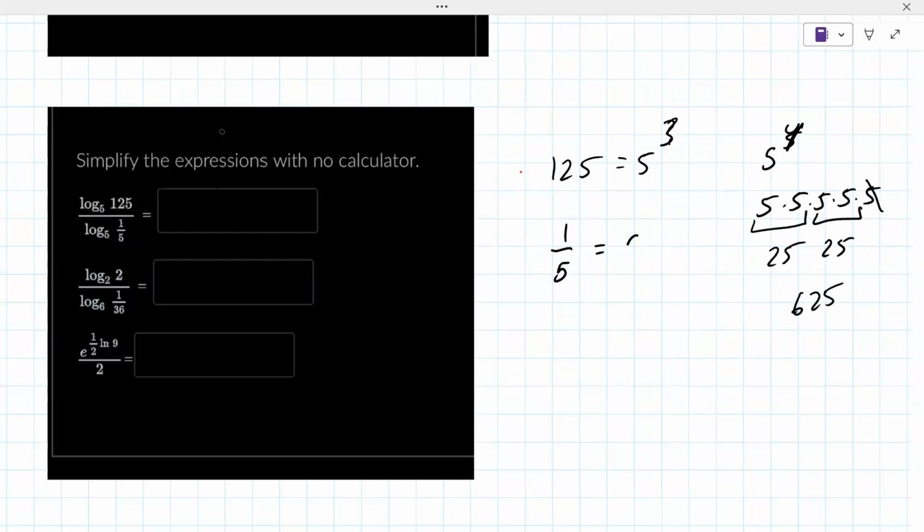And 1/5 is really 5 to what power? Maybe from earlier in the course. Is it 0? But anything to the 0 power is 1. It's actually -1, and that's how you get the flip.